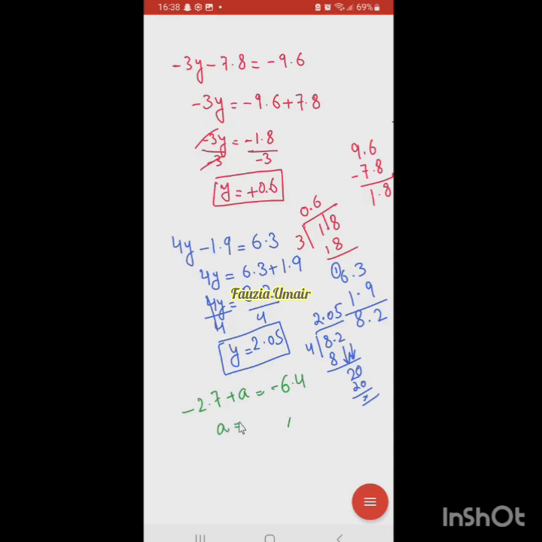Of the equation, right? So this will be minus 6.4 plus 2.7. So they are unlike rational numbers again. So we will subtract them and the sign of the bigger number will come, right? So we will write down 6.4 minus 2.7, right?